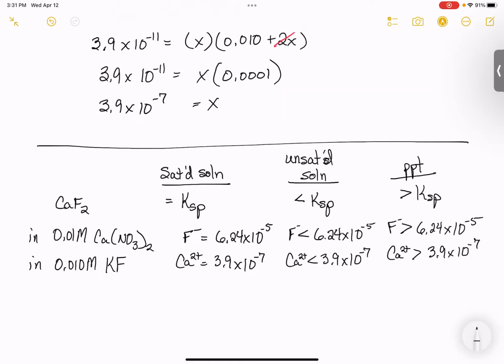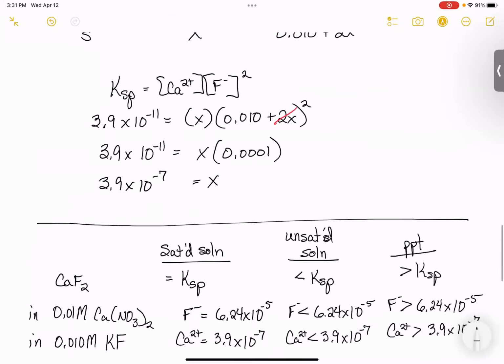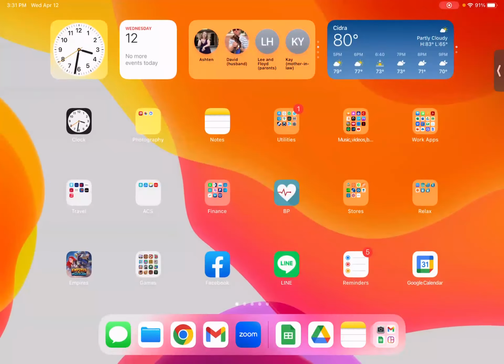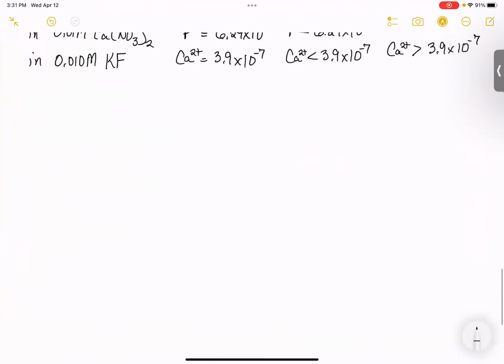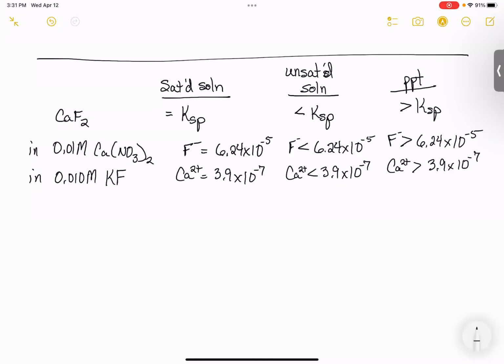Questions? Did the calcium nitrate? Yes. The one that was 3.12 times 10 to the negative 5, the lower solubility.